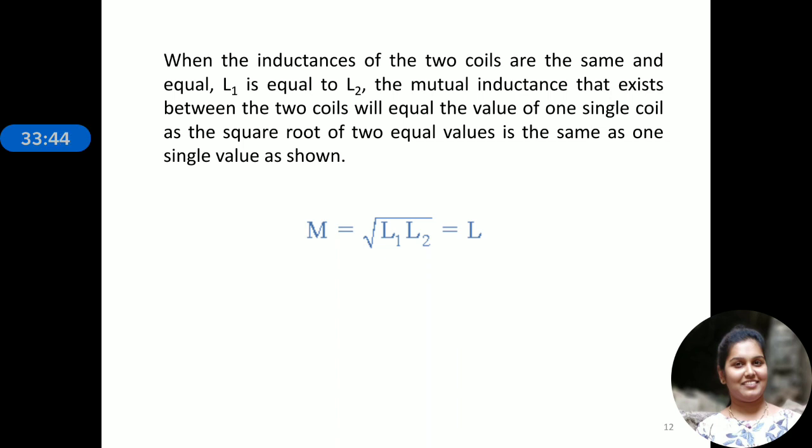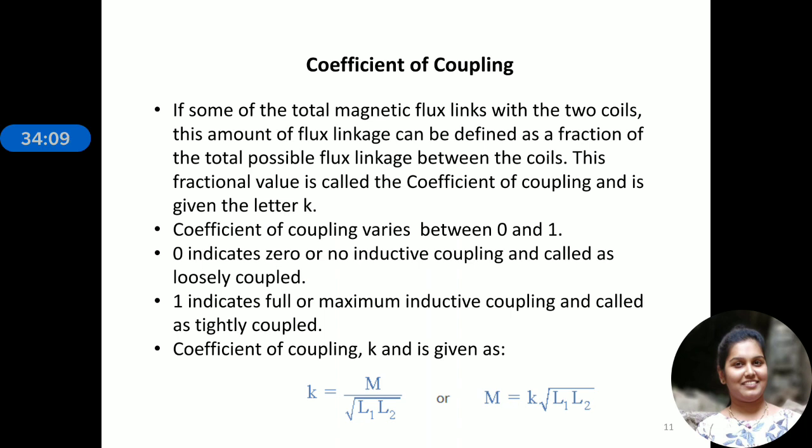Just by knowing the mutual inductance and the values of L1 and L2, we can know how well the coupling has been done between the coils. So it may be loosely coupled or tightly coupled. What amount of coupling has been done can be estimated with this formula, K is equal to M divided by root of L1 into L2.